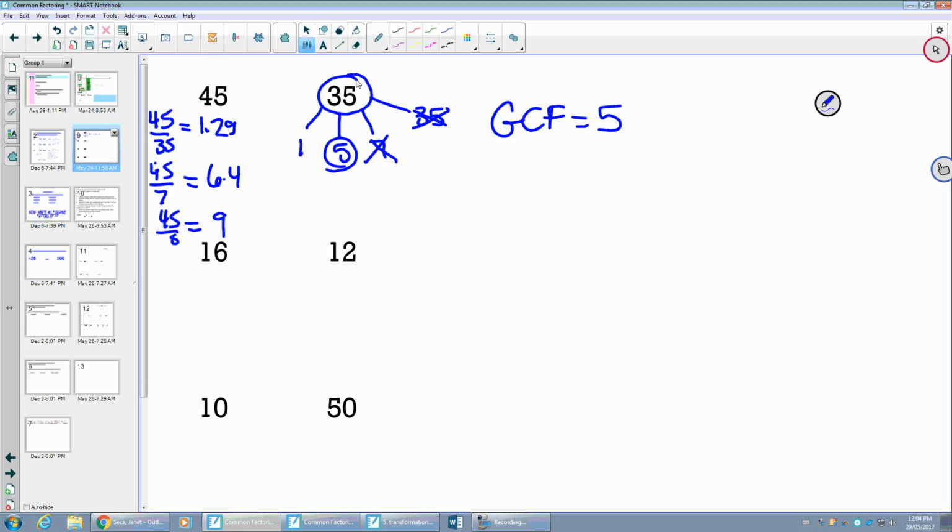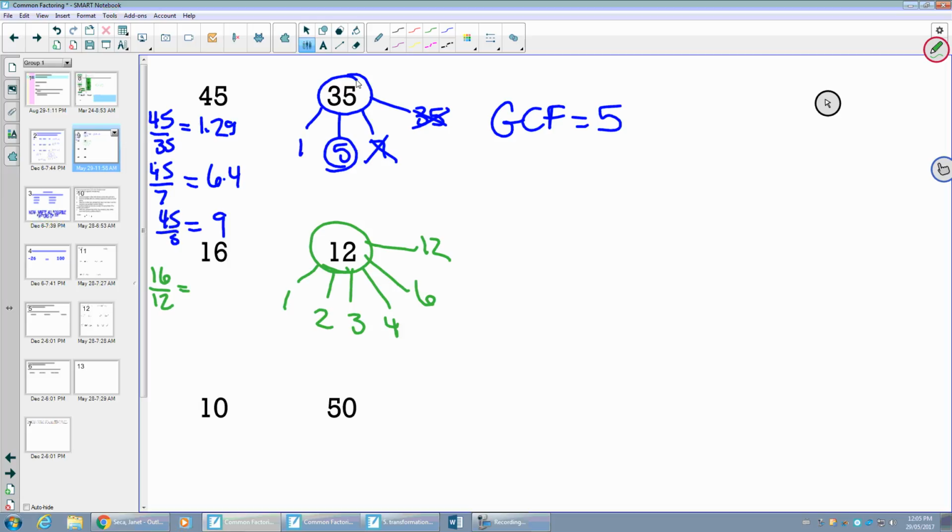So for my second question here, I have 16 and 12, so I start with my smaller number. And I list all my factors of 12. 1, 2, 3, 4, 6, and 12. So once I listed all those factors there, I would go 16 divided by 12.